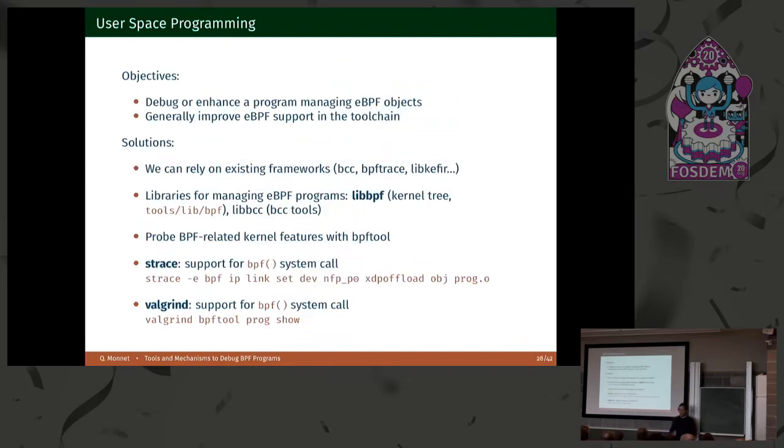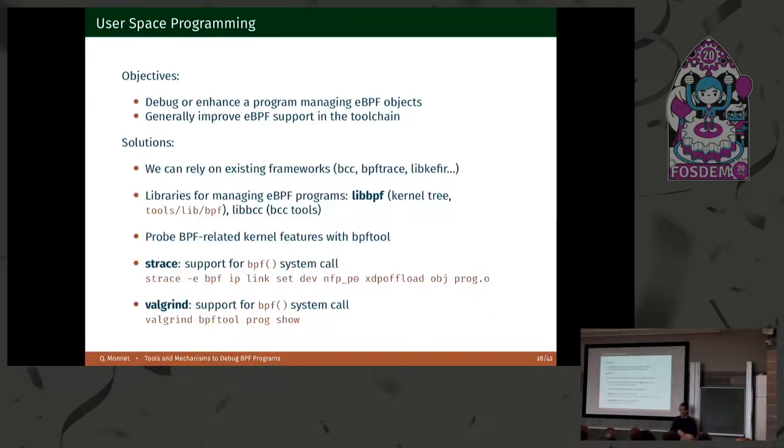So what we want is the ability to debug such programs, to improve BPF support in the toolchain in general. We have the ability to use those frameworks that already work: BCC, bpftrace, and libcfe, a library I've been working on that turns network filtering rules into BPF programs.